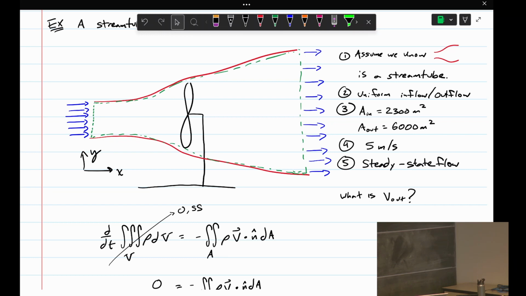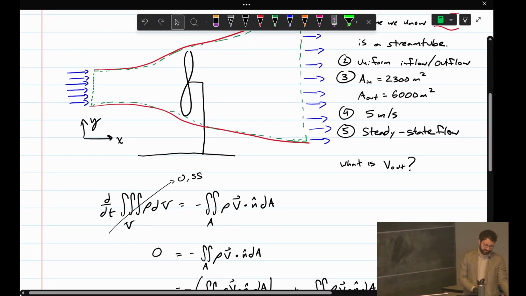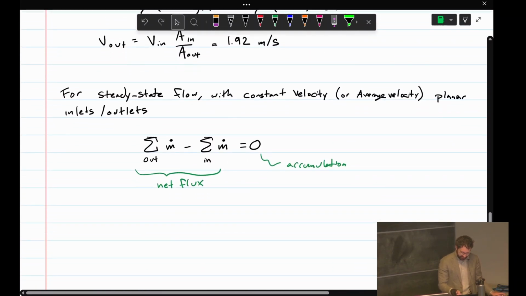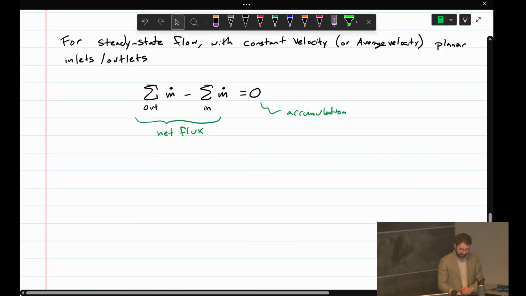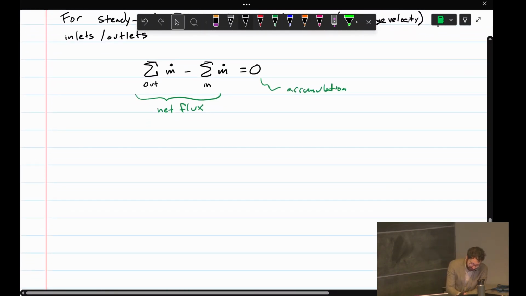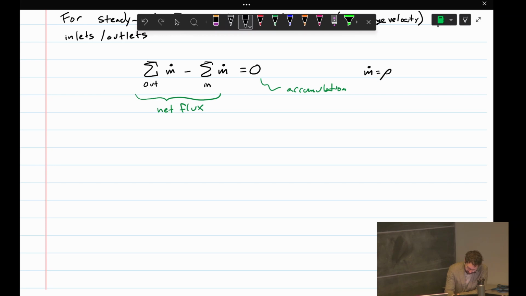Okay. Mass conservation is definitely the simpler part of this chapter, especially once we start applying this to outlets. I'm also just going to remind you of what m dot is. So m dot is rho v dot, which is rho v a.